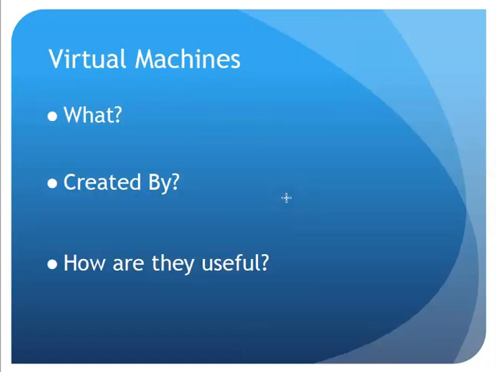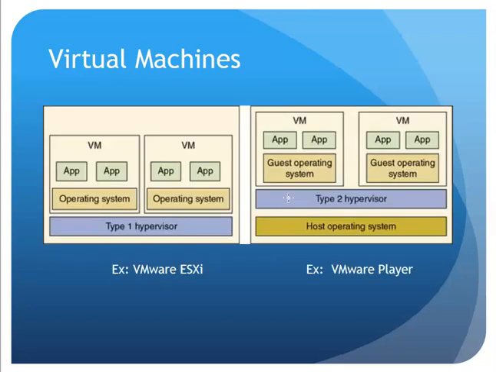Virtual machines, what role are they going to serve? Think about when I'm starting to add servers into my network. We used VMware Player to make a virtual machine in our lab room, but in real life you're most likely putting that virtual machine on the host OS, VMware ESXi kind of thing.